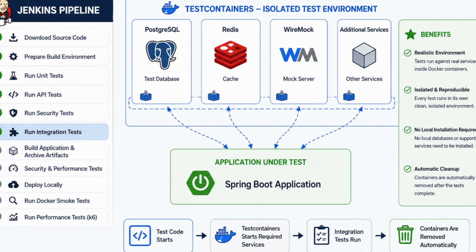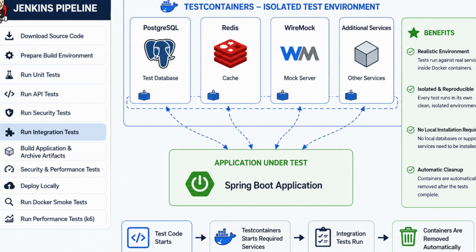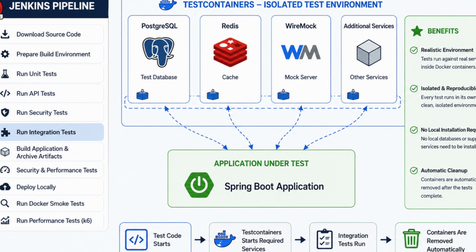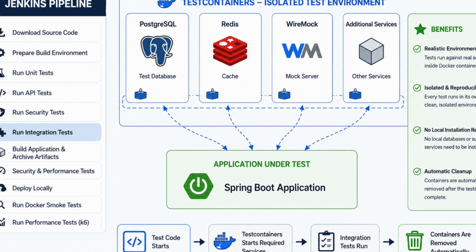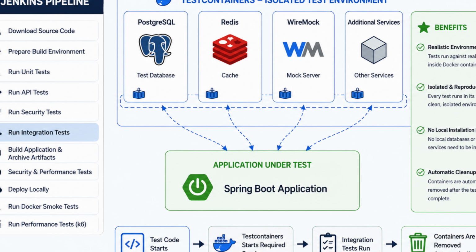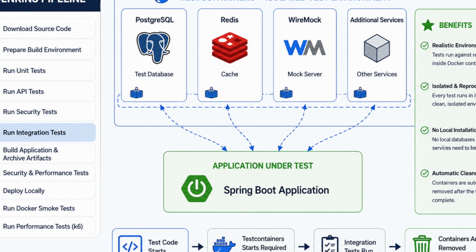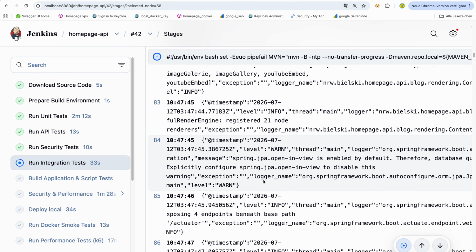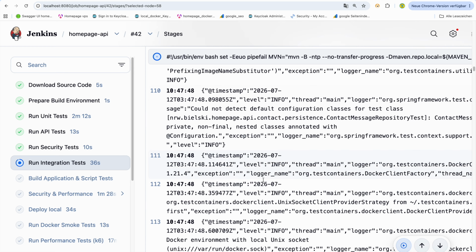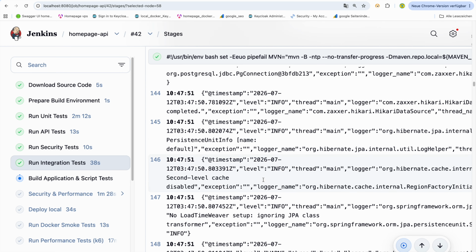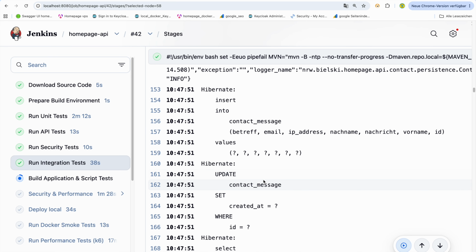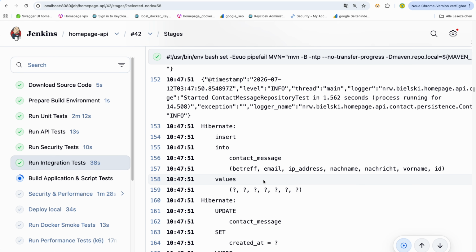Each test runs in a completely isolated and reproducible environment, and once the tests are finished, the containers are removed automatically. This provides a major advantage. Integration tests run under realistic conditions without requiring permanently installed local databases or other supporting services. As a result, I can reliably verify the interaction between Spring Boot, the database, and all other components involved.